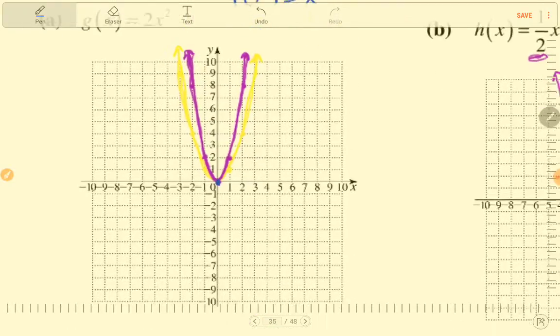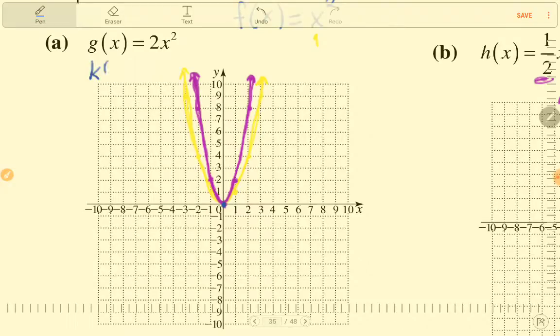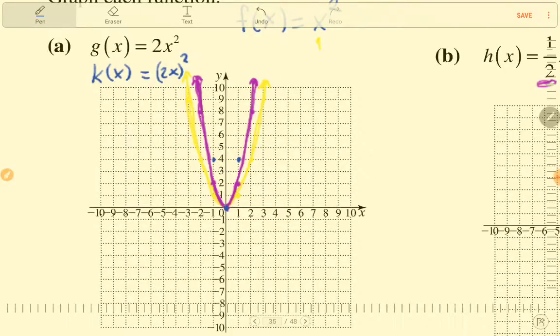Now I have for k of x, which is 2x quantity squared, I will have 1 and 4, and negative 1 and 4. And so you can see that this thing is going to be stretched much more intensely than the purple, because that 4 is being exponentially increased at a higher factor.